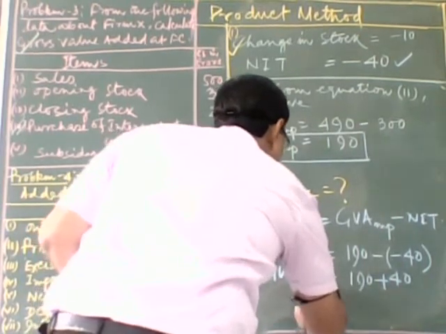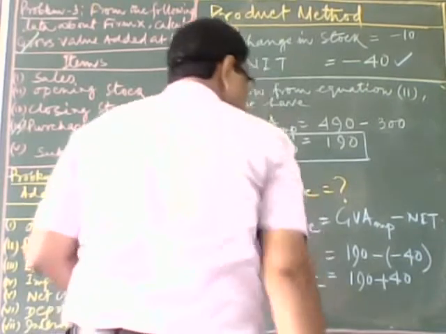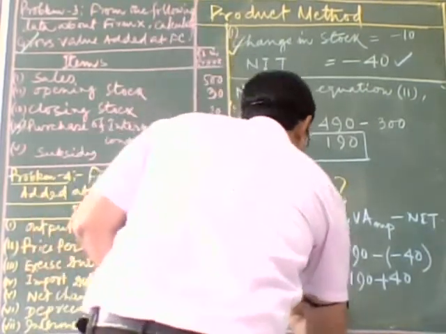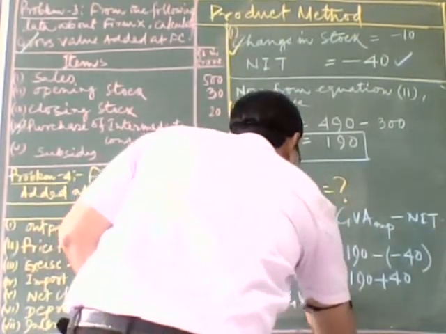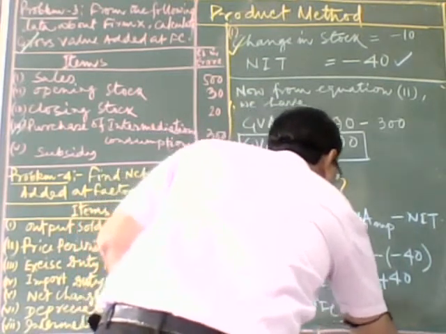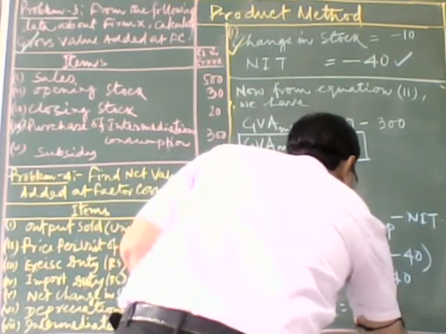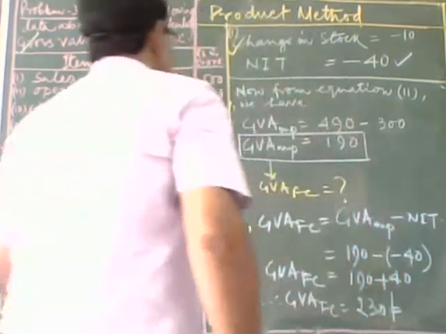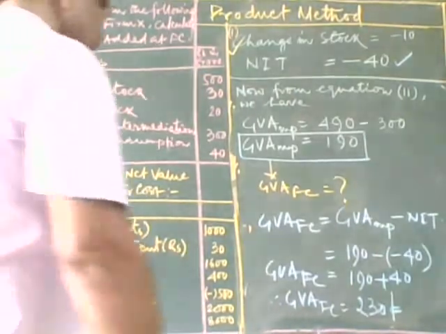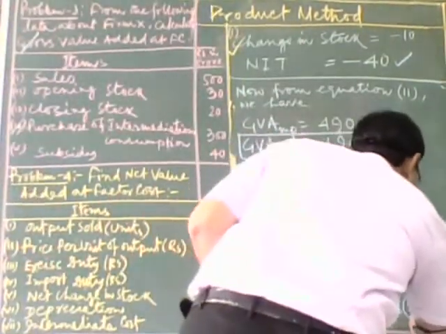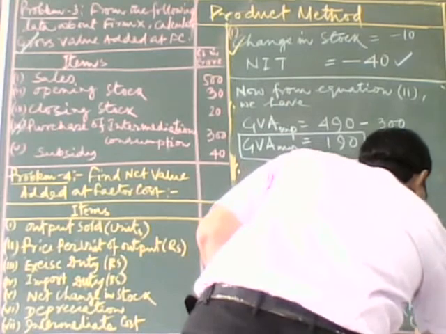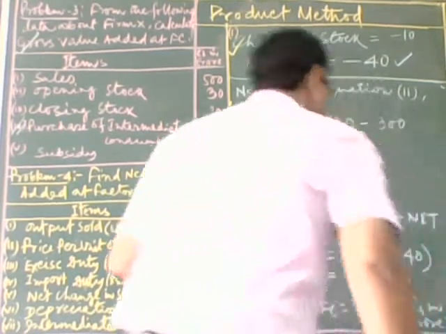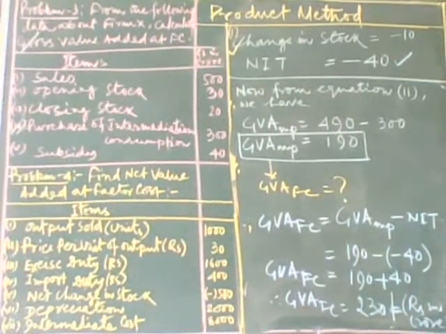Therefore, GVA factor cost is equal to 230 rupees in crore. This is the problem number 3.